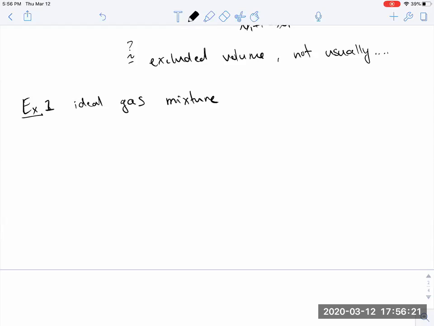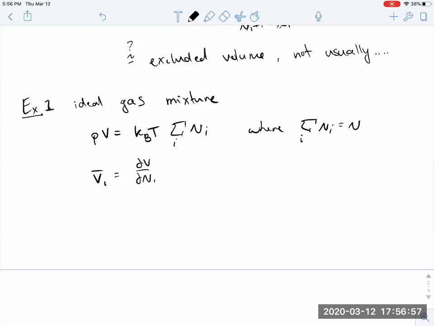So the ideal gas, defined through its equation of state, that PV is equal to nRT, or how the cool kids write it, kBT times N, and N we'll write as a sum of Ni's, because we have a mixture of some number of components, where it must be that if I sum over all of the Ni's, I get N. So the partial molar volume of species 1 is how V changes with adding some amount of species 1 at fixed T and P, and all Nj not equaling 1.